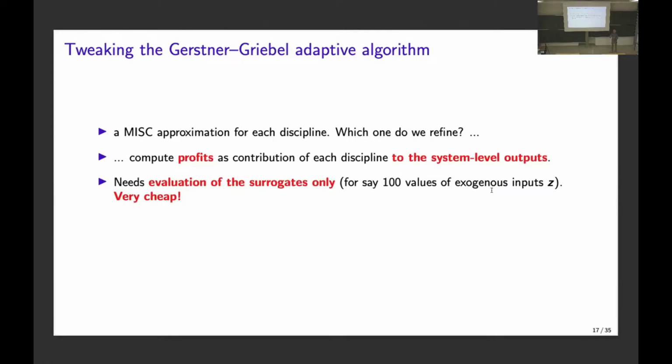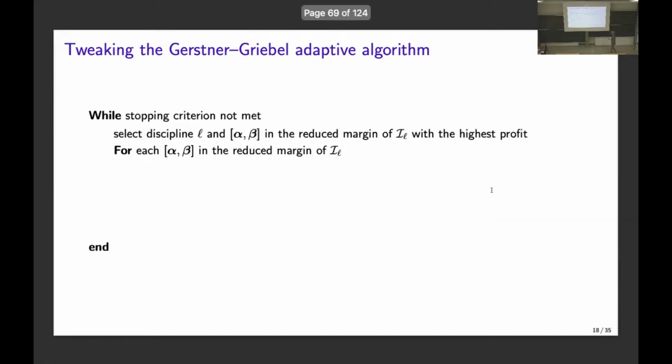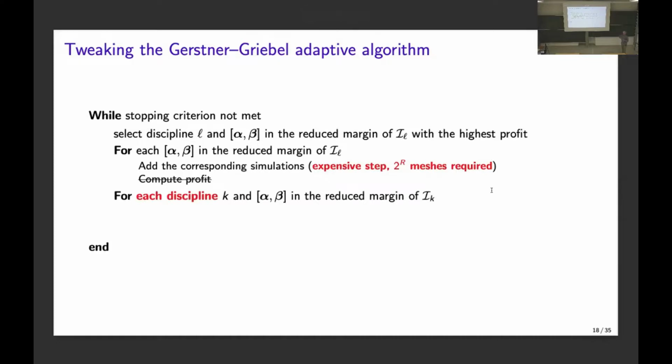As soon as that thing is no longer constant, the profit of all the upstream components now change because earlier on, those models were completely shut down by the constant, right? Now I have to change everything every time. But that's a technicality. And every time a downstream surrogate can change, we have to do it all over again. But other than that, it's pretty much the same Gerstner-Griebel, just we have one extra index that we play.